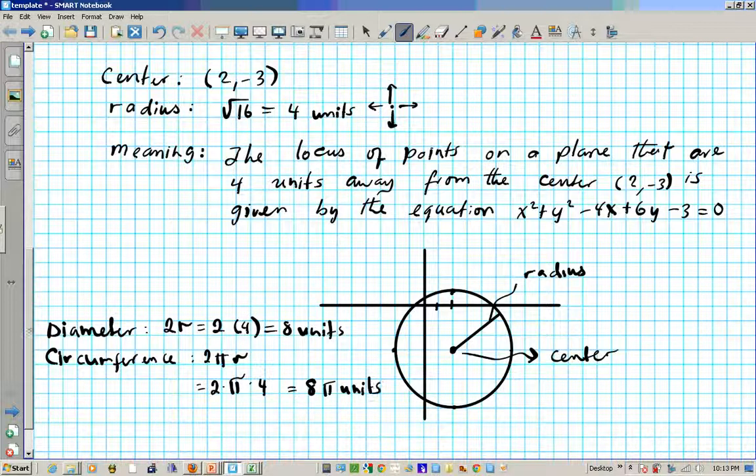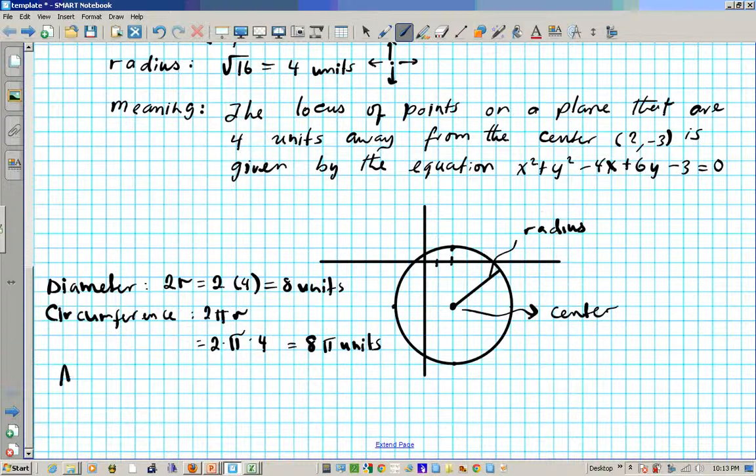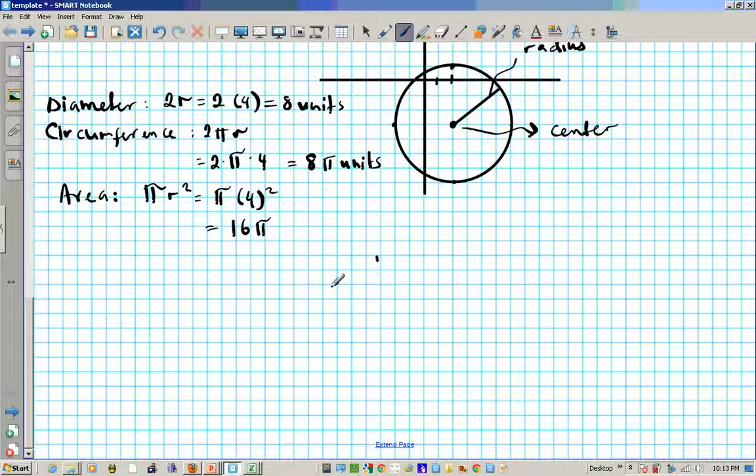And the formula for area is pi r squared. So our area is simply going to be equal to pi times 4 squared. So 4 times 4 is 16. So 16 pi square units. Alright, so that's basically that.